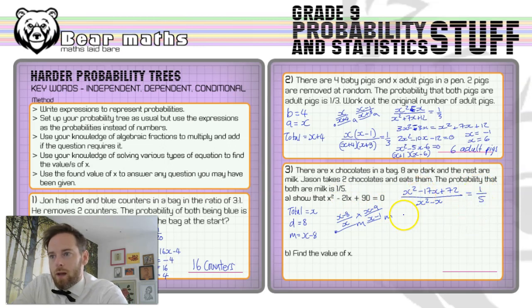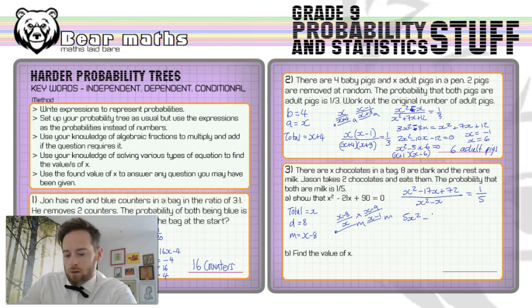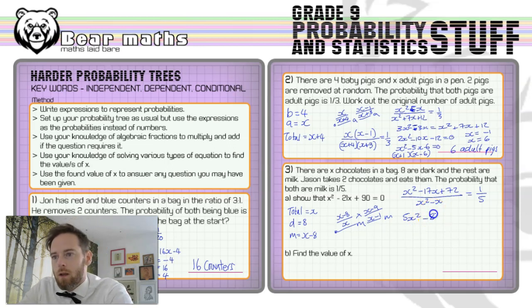Okay, multiply all that by 5, 5x squared minus, I'm just going to type that into the calculator, 17 multiplied by 5 is 85, of course it is, and that is 85x, and then plus 360, so it's 360 mine equals the x squared minus the x, because you just multiply the 1 by the x squared minus x, and we've cross multiplied those successfully.